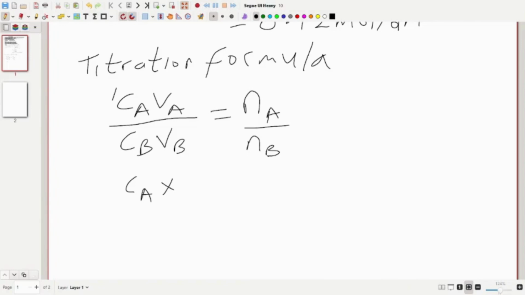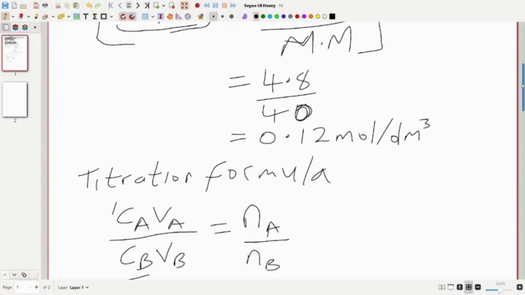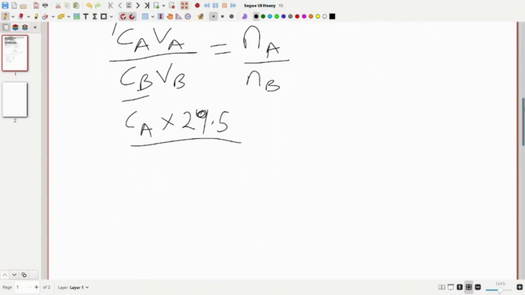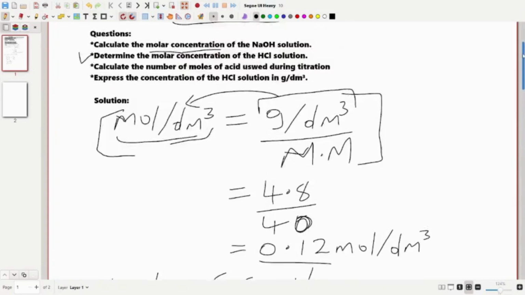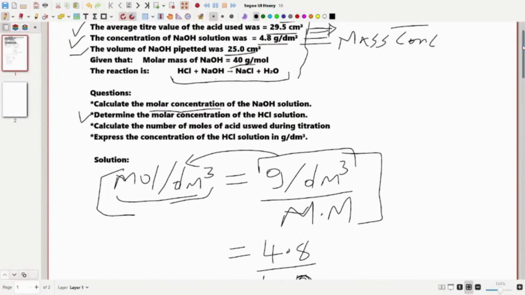The volume of acid used was given as 29.5. The concentration of base, we just calculated: 0.12. And the volume of base is the same as the volume of the pipette used in the question, which was given as 25.